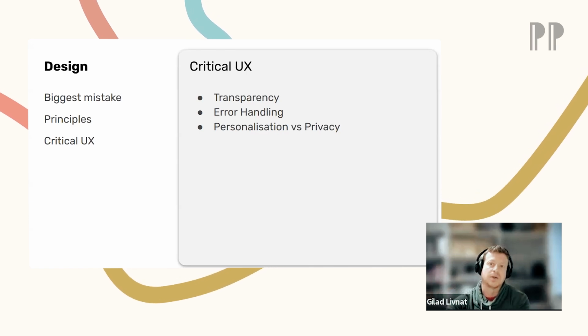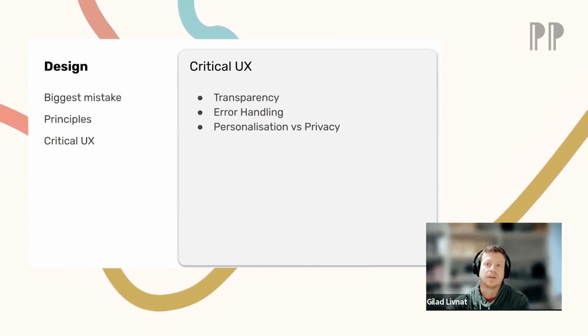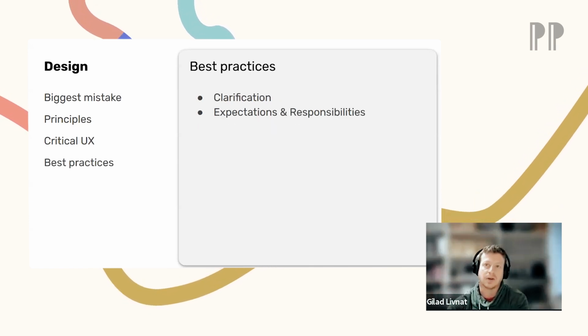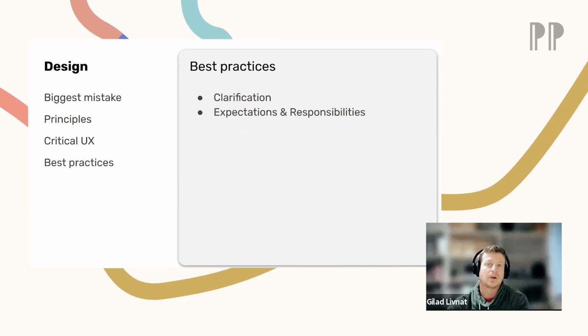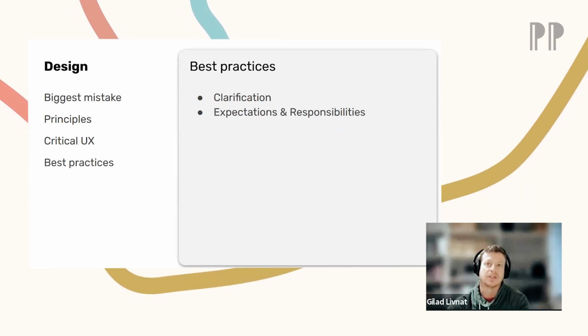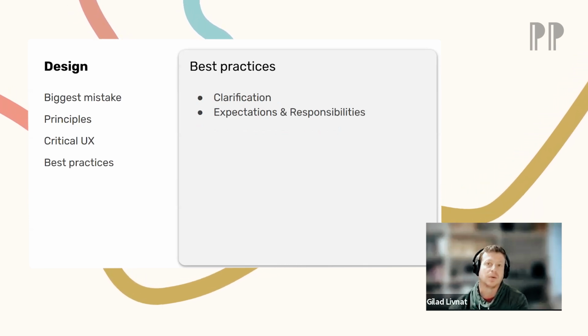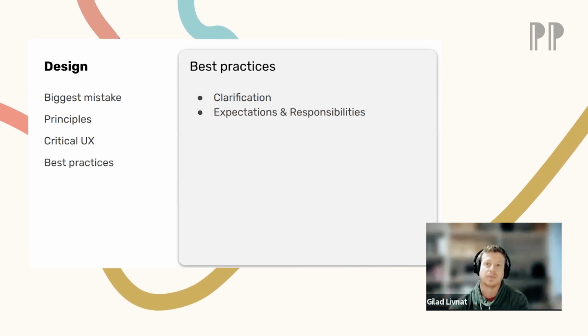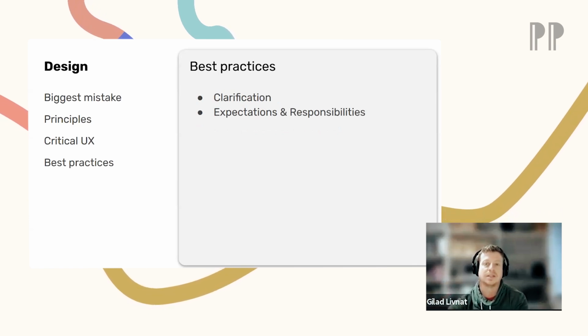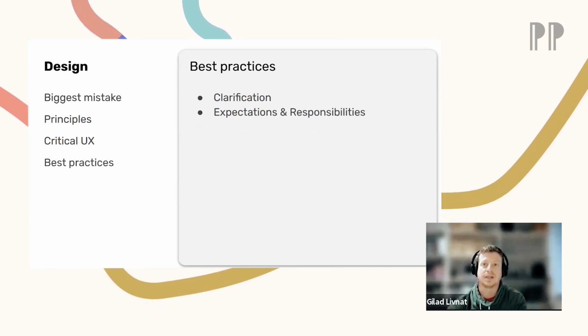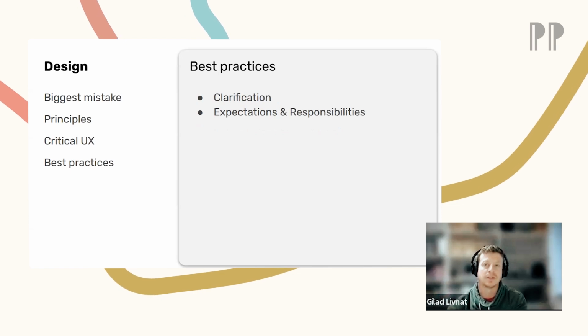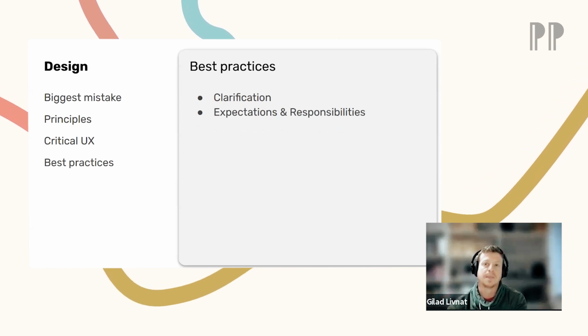So it's also a critical UX pattern that you should take into account. Also, clarification questions, expectations, and responsibilities. "I can't do that. I'm not allowed to answer this, or give you this and that information." It's also a pattern that we should mimic.